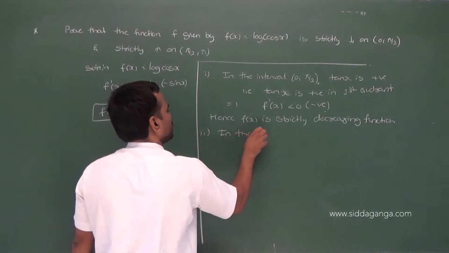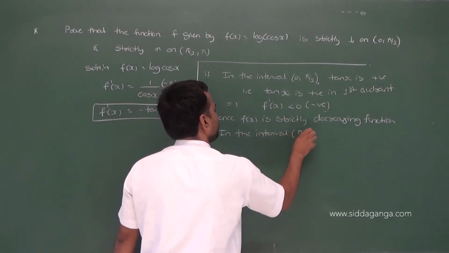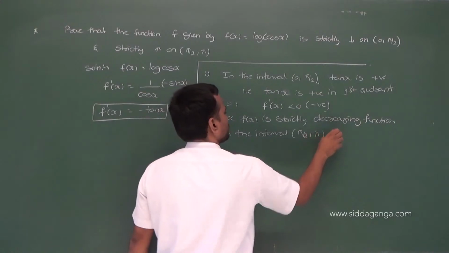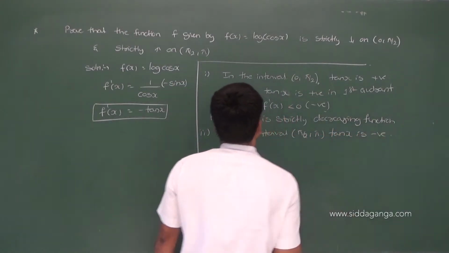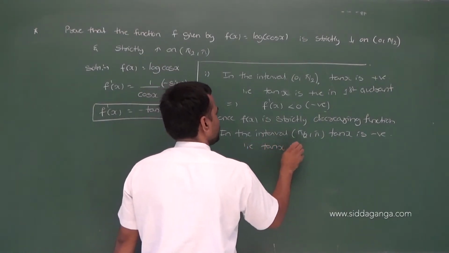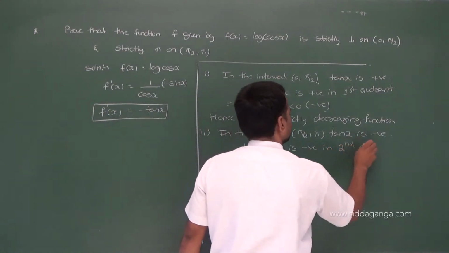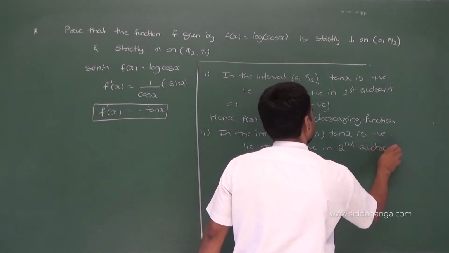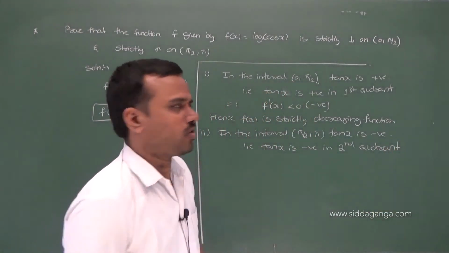Second one. In the interval pi by 2 to pi, tan x is negative. That is, tan x is negative in the second quadrant.